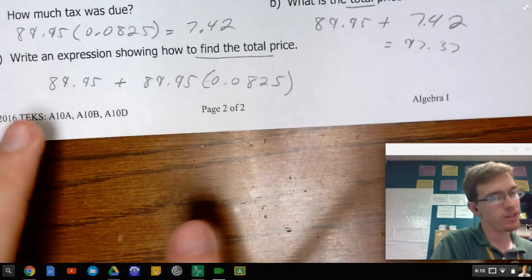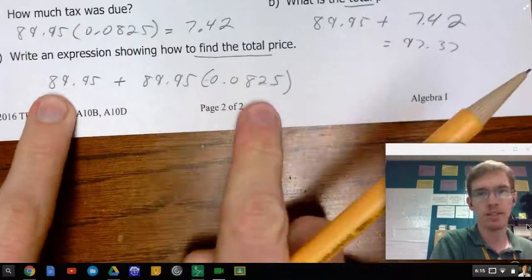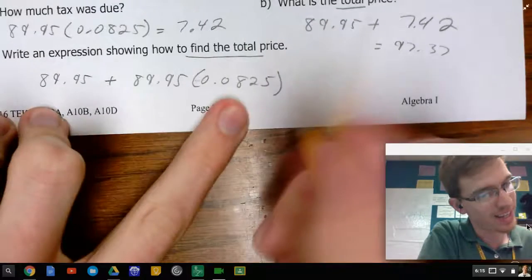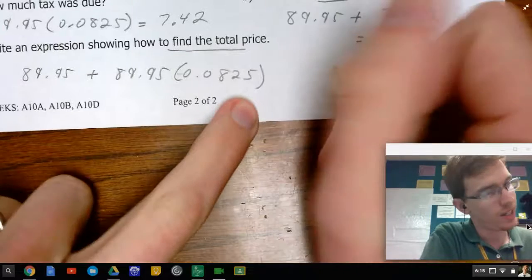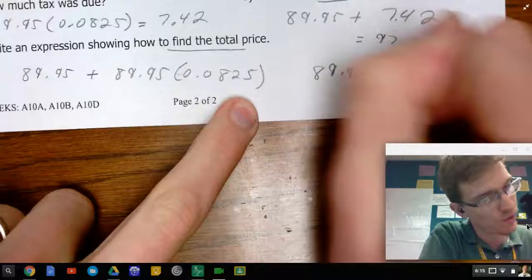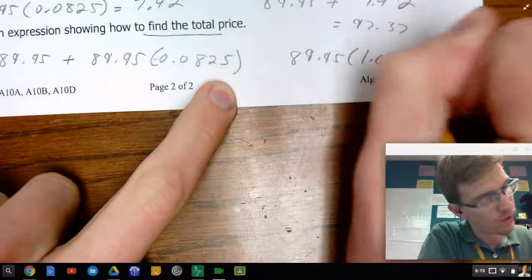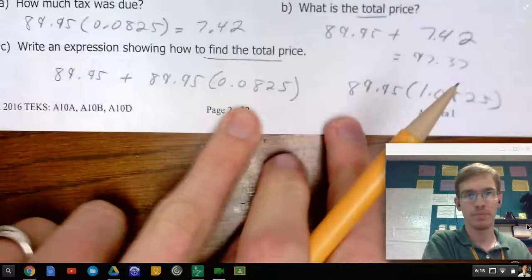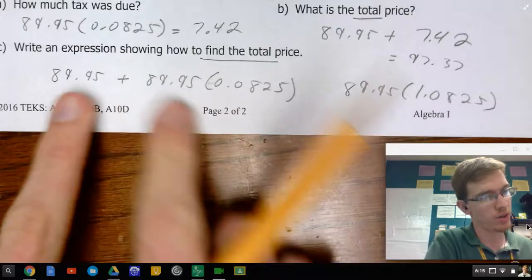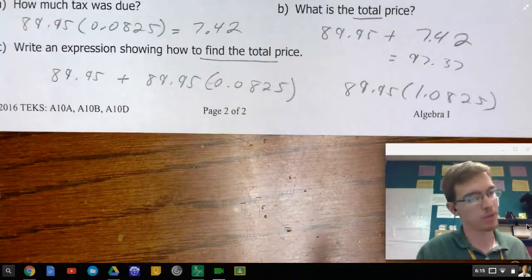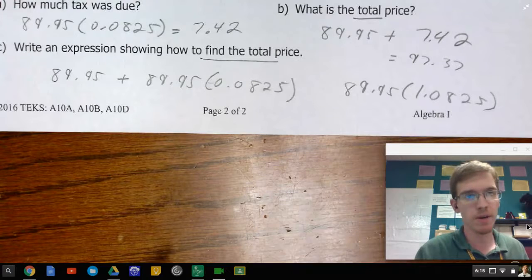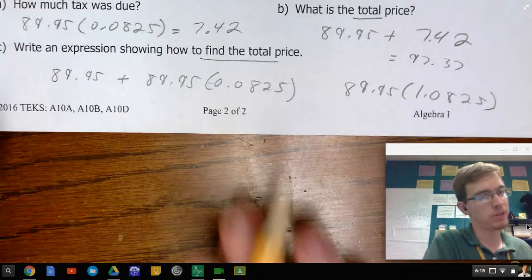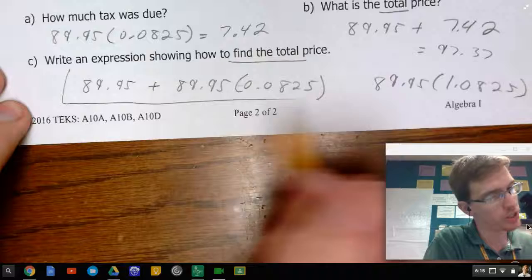The item price plus the tax. Well, this actually works as you could do this instead. You could actually multiply by this, and it's actually the same thing. Because if you distribute this guy, or you factor, don't know what that word means yet, or you distribute something over here, you actually get the same thing. But this is what we're going to say is our expression for the total price.